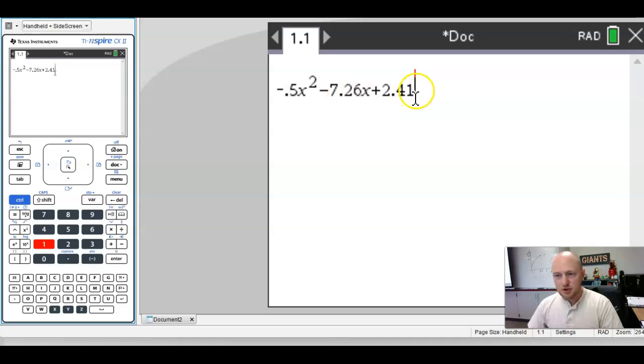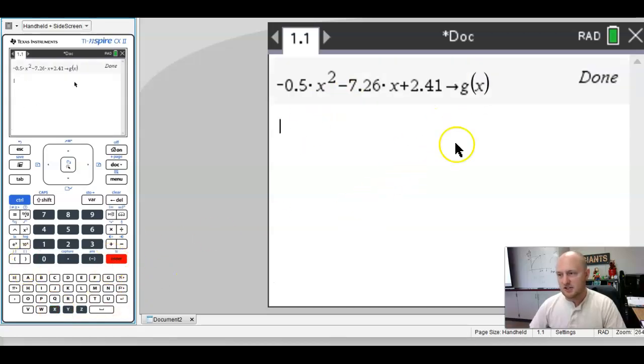So I've entered my function, and now in order to store the function, you can use the store button. There's control, and then right above the VAR is store. So STO. By hitting this with the control on, I hit store, and you'll see the arrow, and I get to name it. Since this function is called g of x, I'll enter g, parentheses, x. Okay, and now I hit enter, and it says done. And now I have the function g underneath VAR.